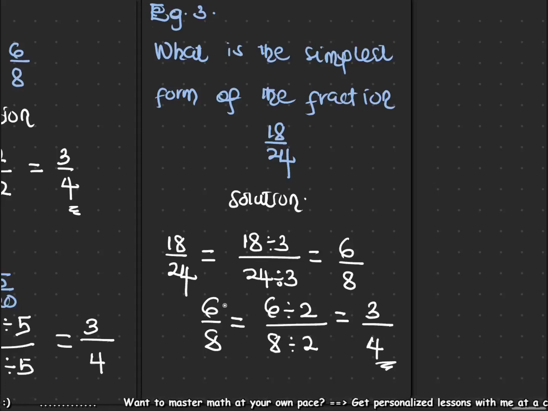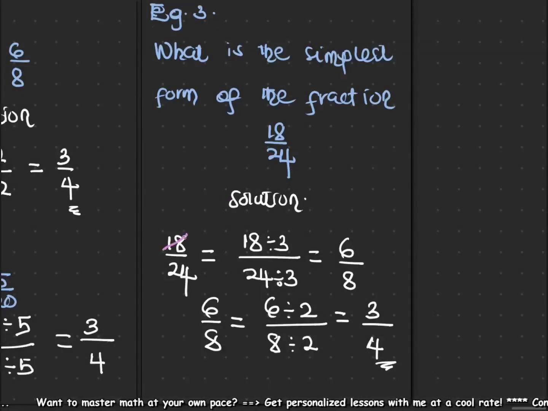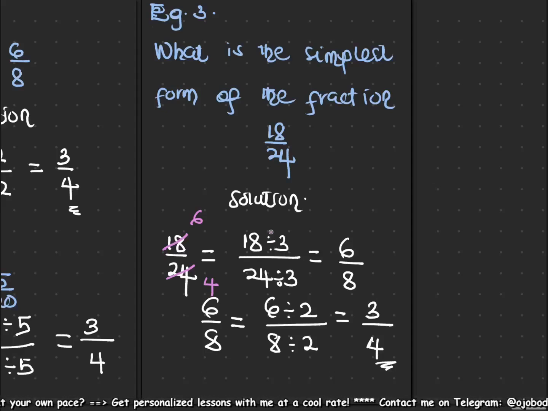If we wanted to get it directly, instead of dividing by 3, you could divide 18 by 6, which gives us 3, and divide 24 by 6, which gives us 4. So basically, this is how to simplify fractions.